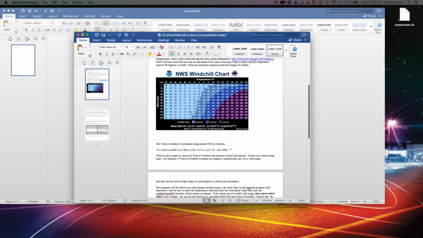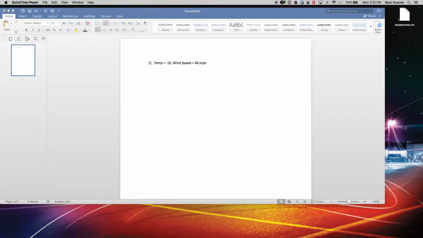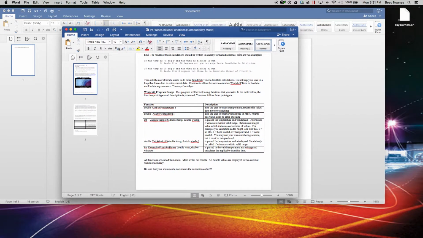Just looking at the test case portion of this, the first test case we're going to be looking at is from your test case doc, and it will be the one where the temp is negative 10 degrees and the wind speed is 40. In your program, please do remember that you want to make sure that the wind speed is greater than 5 miles per hour and less than 40 miles per hour.